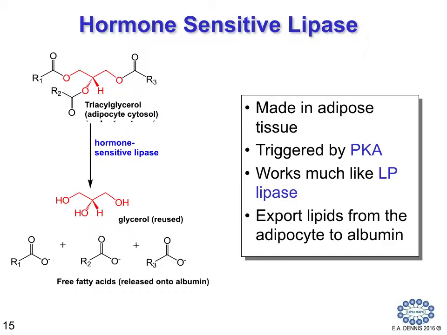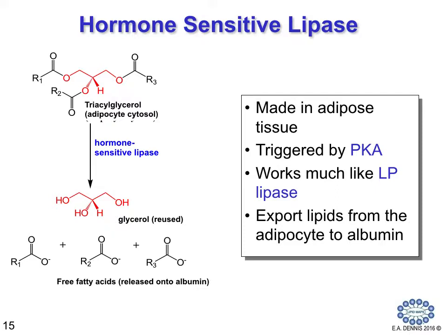The final enzyme that I want to introduce is hormone-sensitive lipase. This is an enzyme that resides in the adipose tissue, or our fat cells, and it is activated by protein kinase A, but it works much like lipoprotein lipase, and it provides the mechanism to produce free fatty acids in the adipocytes that can then be taken up by other cells.